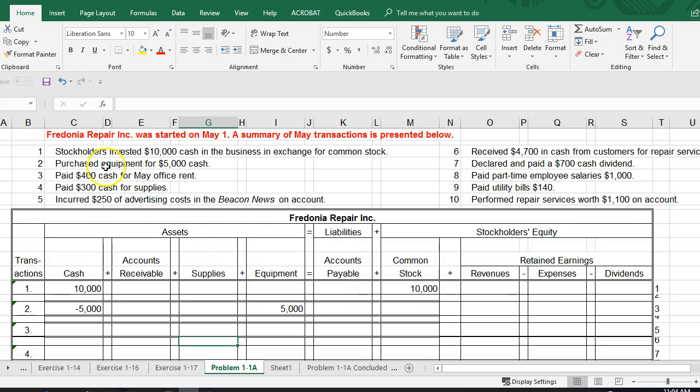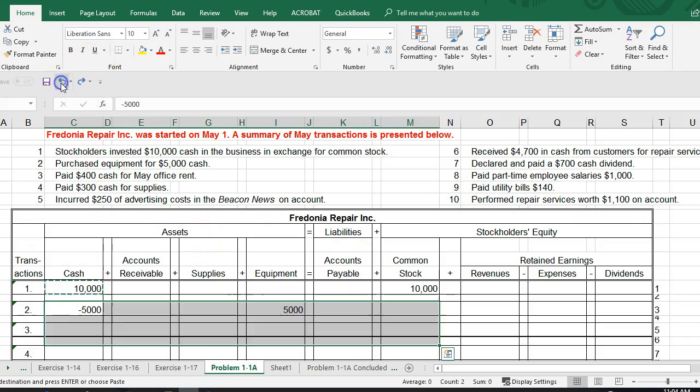So notice again that the cash account decreased by $5,000, where the equipment account increased by $5,000. So again, whenever you have a situation where you're going to have two accounts on the same side of the accounting equation involved, in this case, two asset accounts, one account has to increase, the other has to decrease. Ready for the next problem?